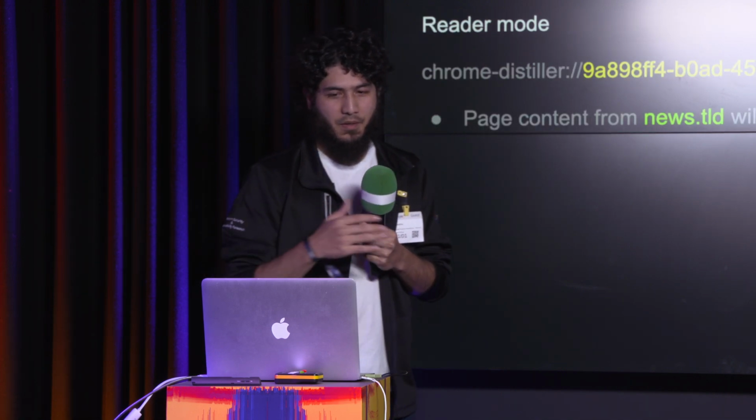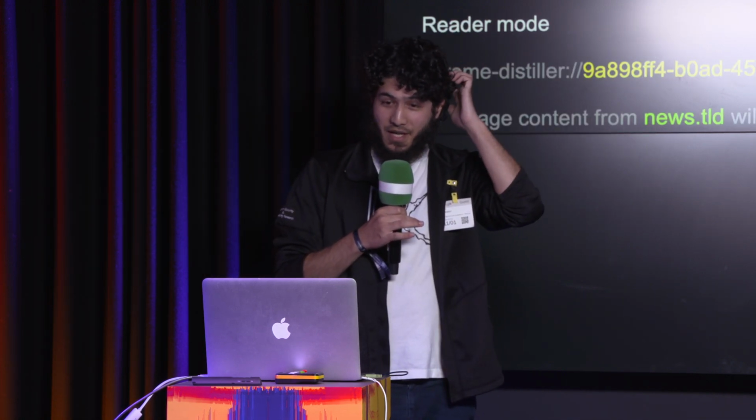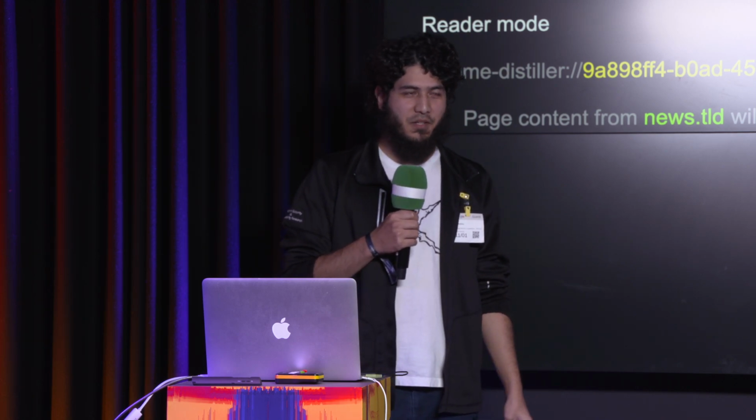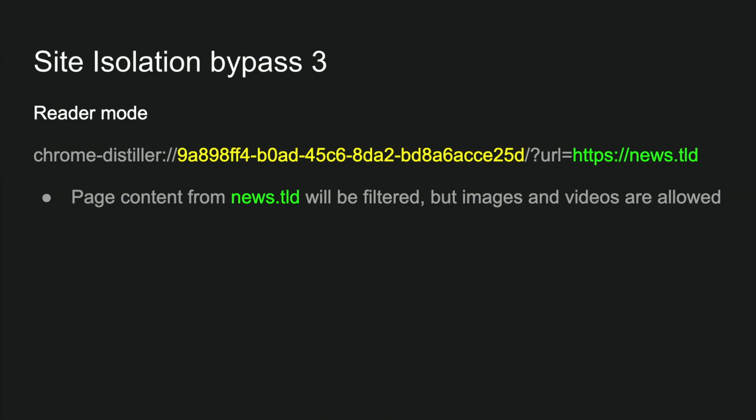Yeah, and then site isolation bypass 3. So Chrome has a reader mode, disabled by default on desktop, enabled by default on mobile platforms. They have this weird chrome-distiller scheme with a GUID, and you have a URL parameter where you are loading that page. So basically, it's news, and you want to read news without ads, right?